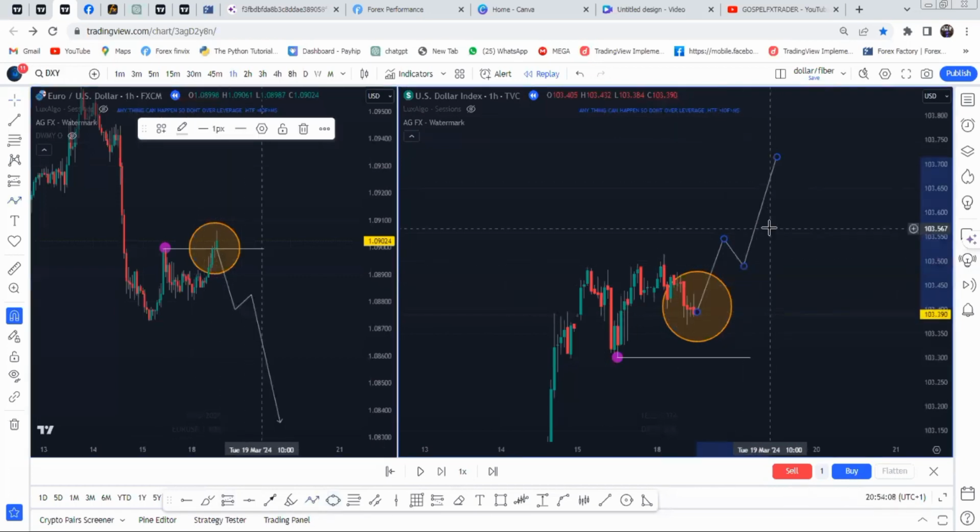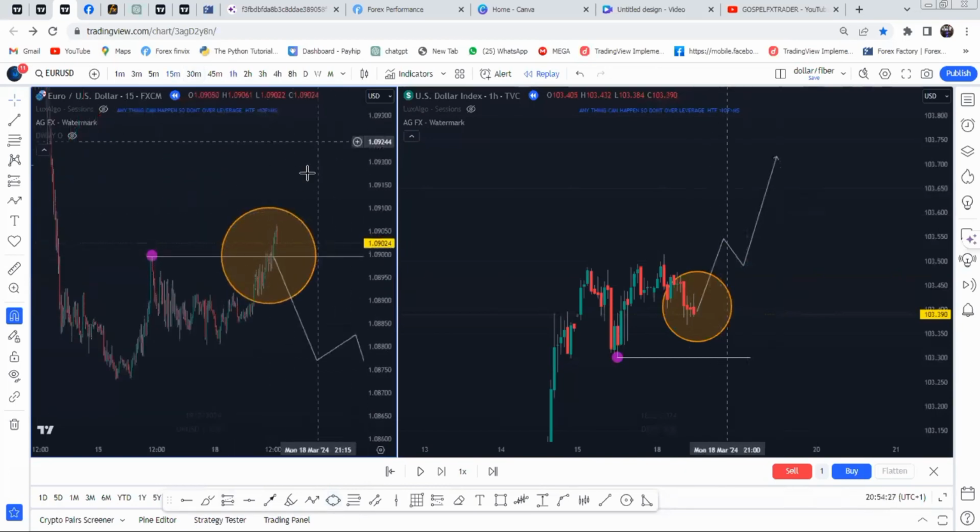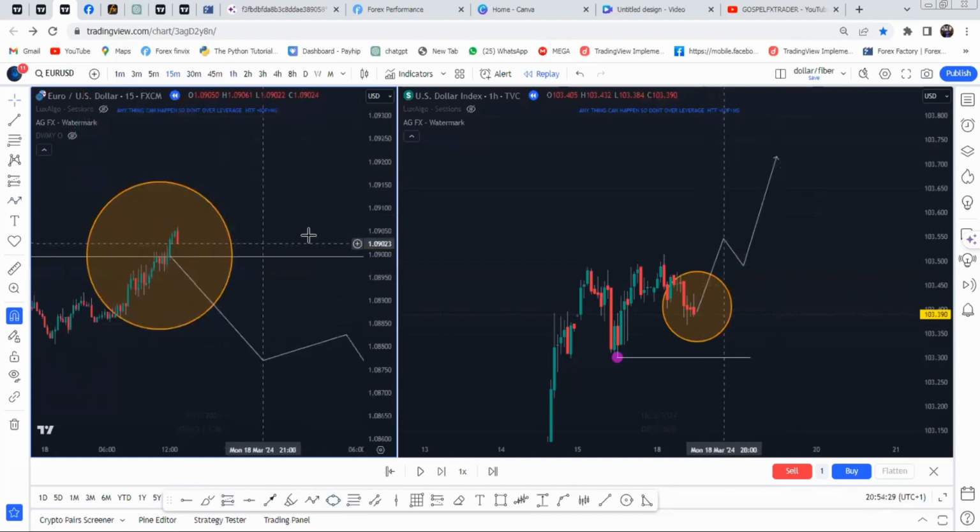Remember the explanation I gave that the overall trend on the asset that is showing more strength is going to continue, and the asset that is showing a stop hunt will likely reverse. So now we're going to be looking for confirmations here to see if this overall trend should continue or not, or if we're going to get a reversal here or not.